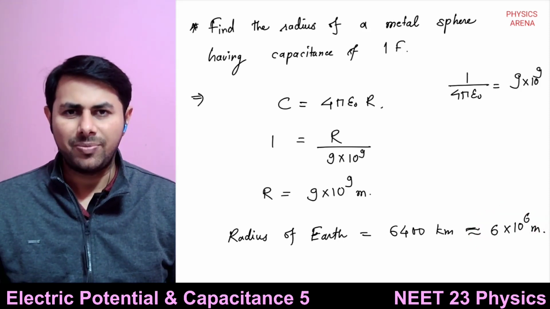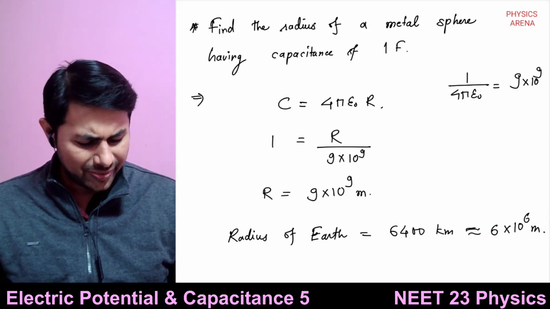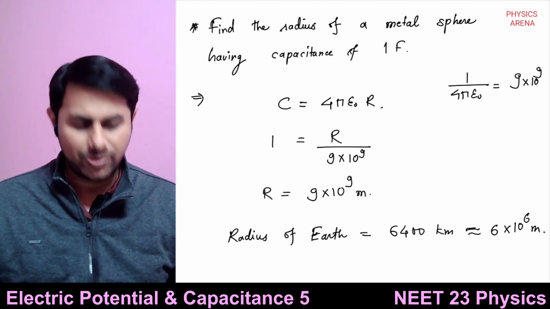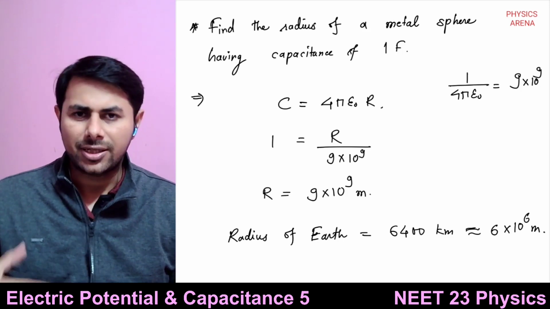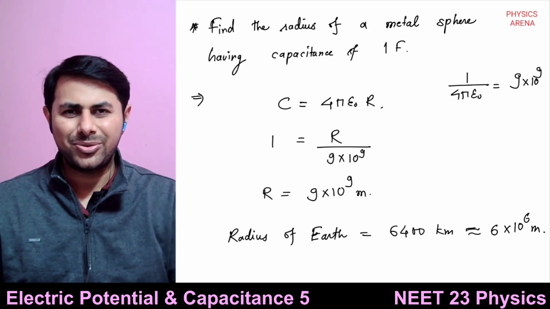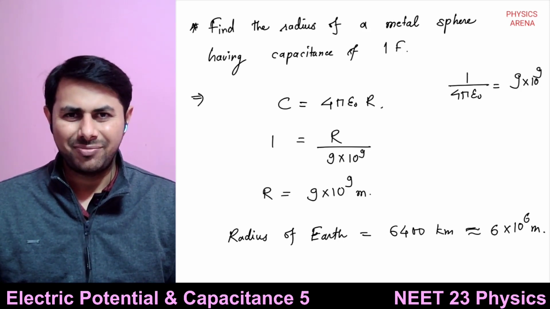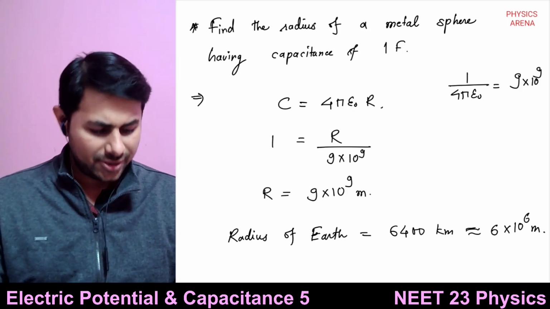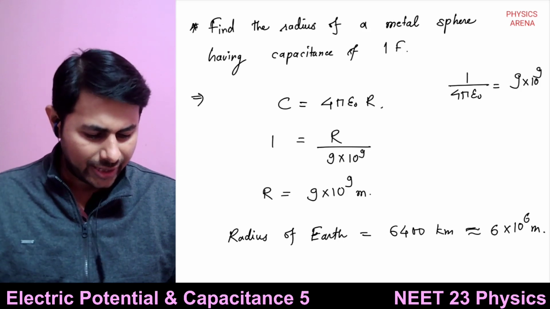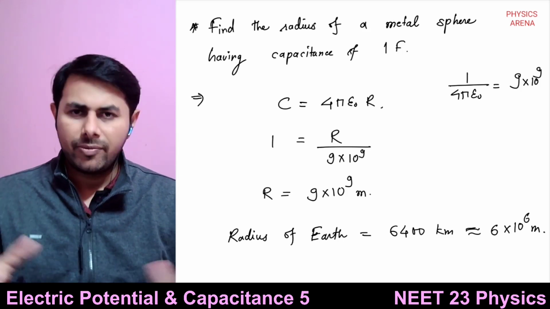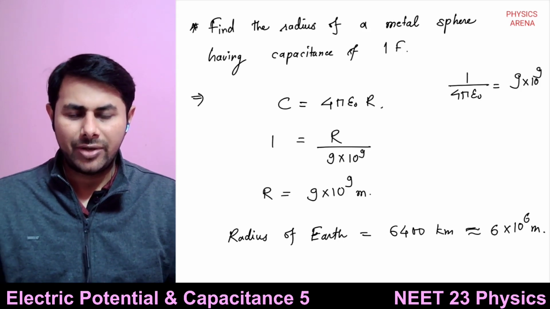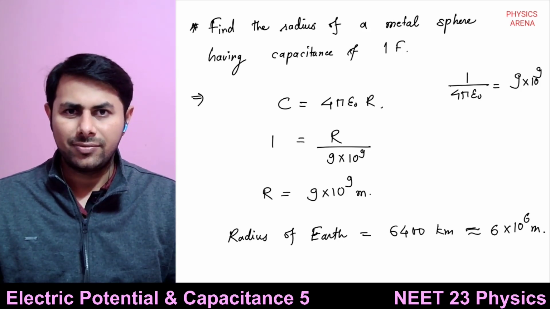So this is roughly 1,500 times more than the radius of Earth. Maybe it is as big as the radius of the Sun. I don't remember the radius of the Sun, but this is a very, very large distance.